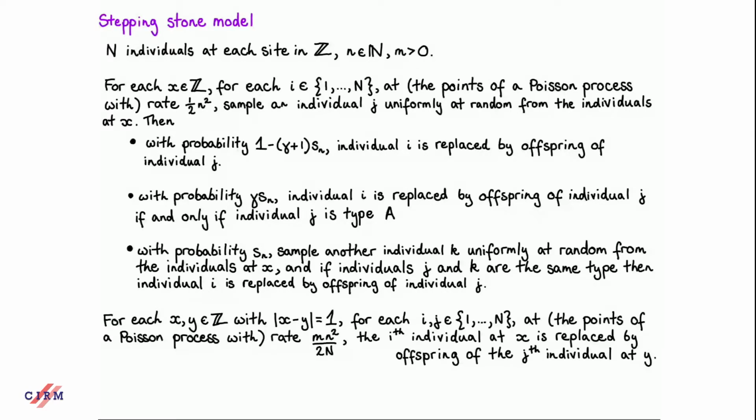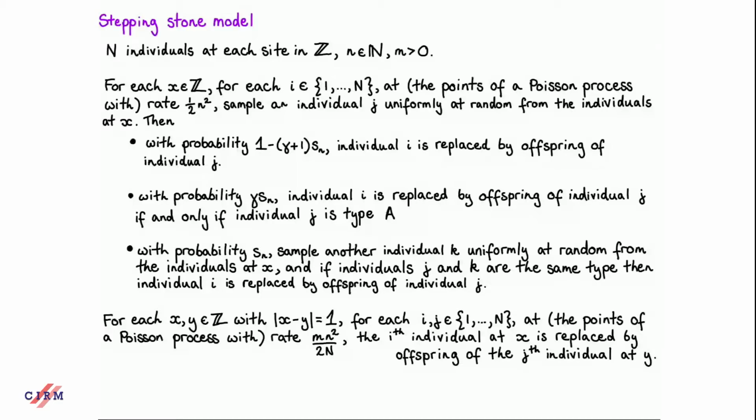And then we also have some migration events. So for each pair of sites x and y in the integers that are neighboring sites, then for each i and j in 1 up to N, we have an independent Poisson process. And at a point in this Poisson process, with rate m n squared over 2 capital N, the ith individual at x is replaced by offspring of the jth individual at y.